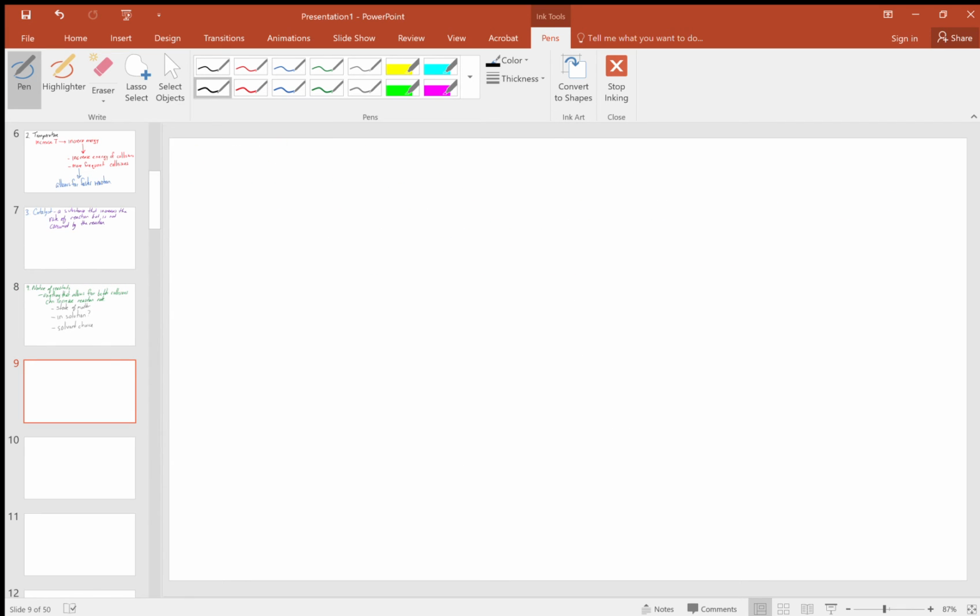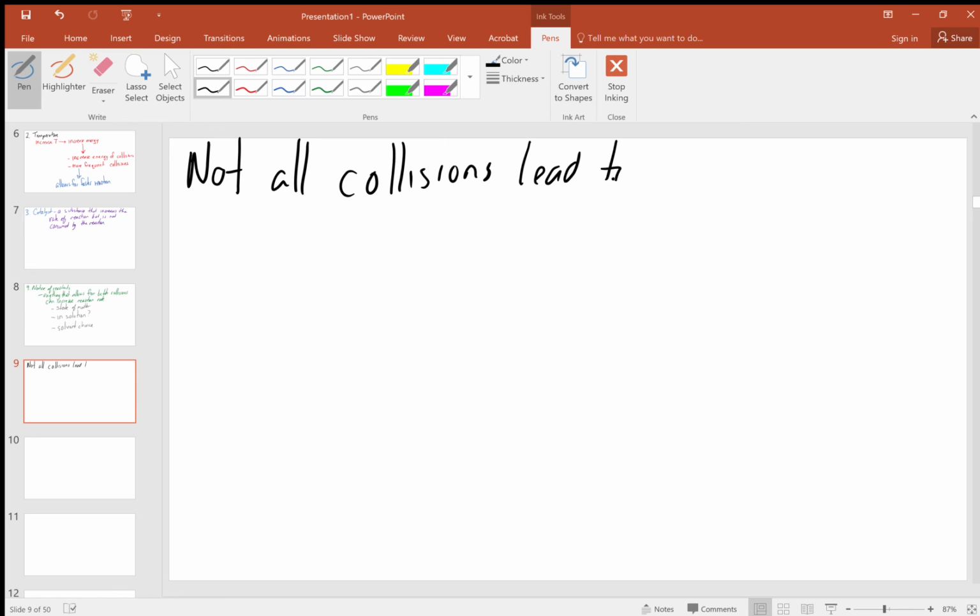All right, but not all collisions actually lead to a reaction occurring. What will make that determination? Well, typically we're looking at the energy of the collision and the orientation.